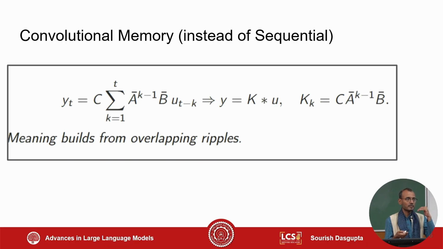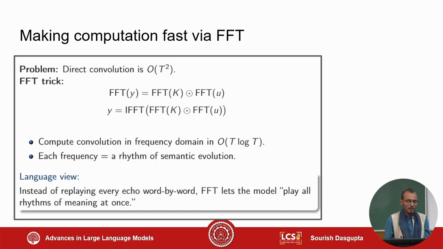Then we get this nice analogy with self-attention, the summation of the kernel multiplied by U. And if we want to make it even faster, instead of summing, we can look at everything as a wave, convert it into a Fourier transform, and then do the inverse fast Fourier transform to get Y back. So this is the neat relationship: FFT of Y is the same as FFT of K, Hadamard FFT of U.